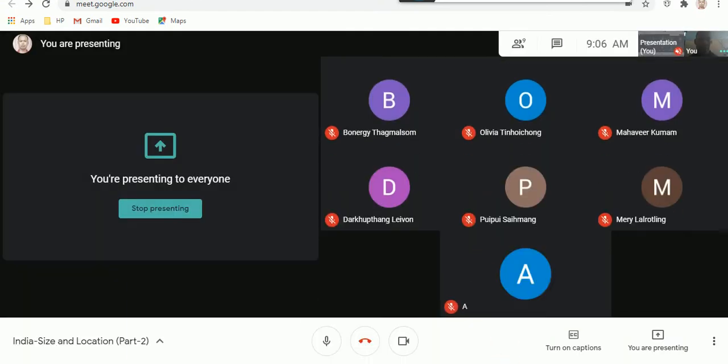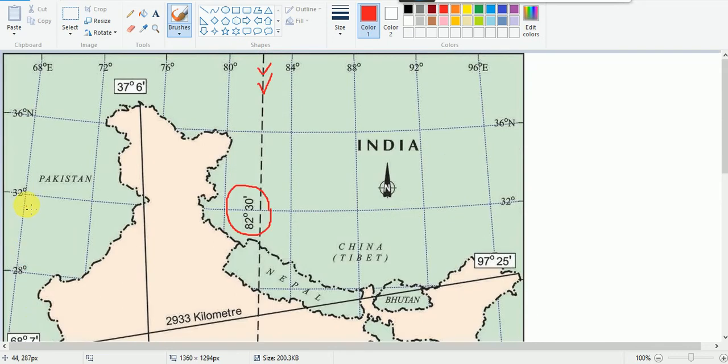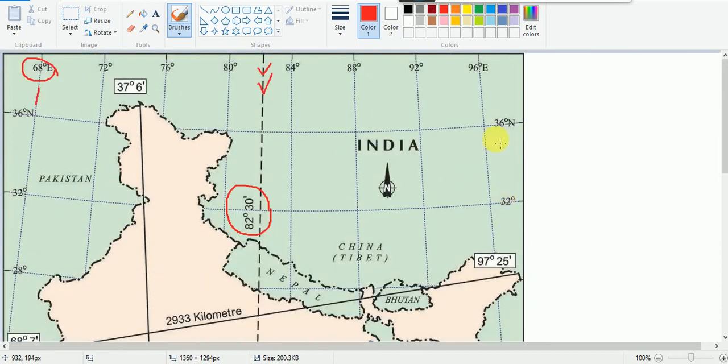See here, we have this 68 degree 7-minute east, this line of longitude at 68 degree east, and here we have 97 degree 25-minute east.